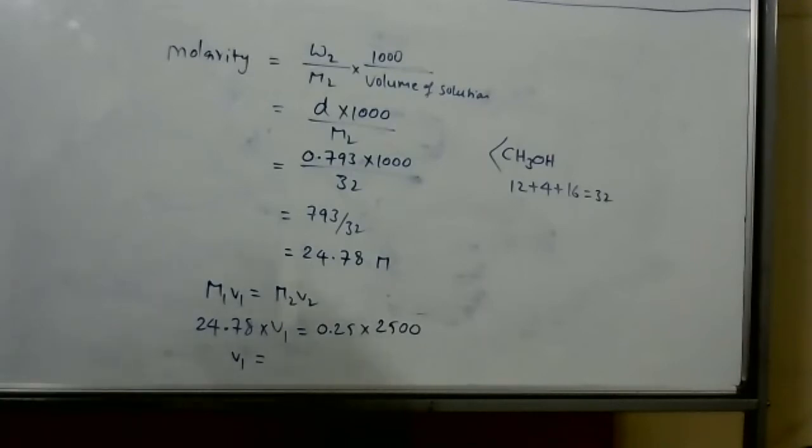You can take 25 approximately. So which option is 25? Sir, 25 is option B. So option B is correct, the closer value, 25.2 ml. So B is correct.